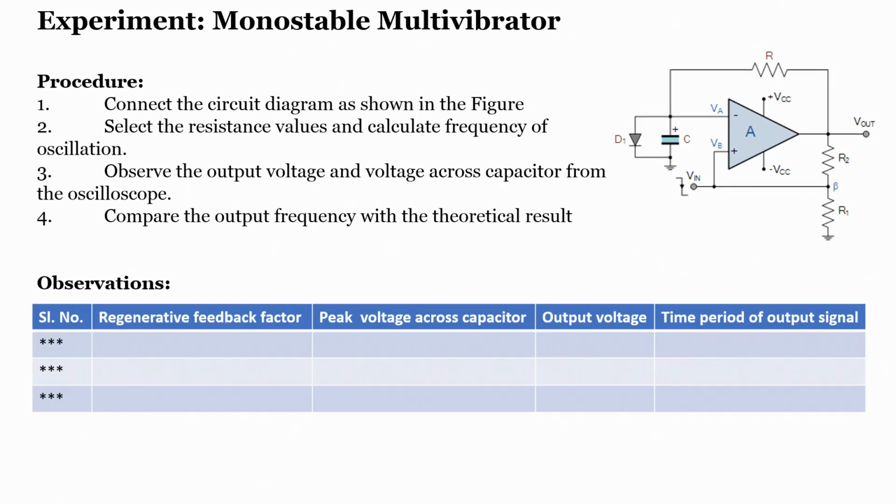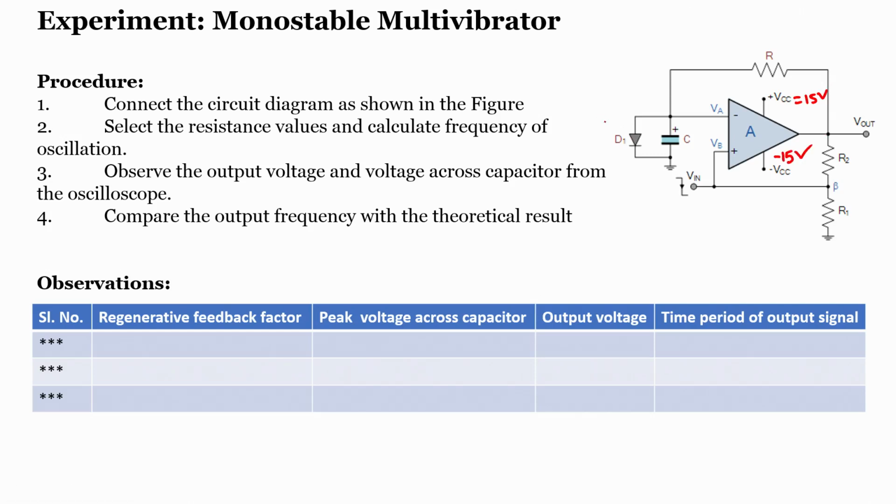Now we will see how to make our connections, and we will try to derive the theoretical, and then we will look into the simulation point of view. Now we will take an op amp, and we will connect plus VCC as well as minus VCC, right, with plus 15 and minus 15 volts.